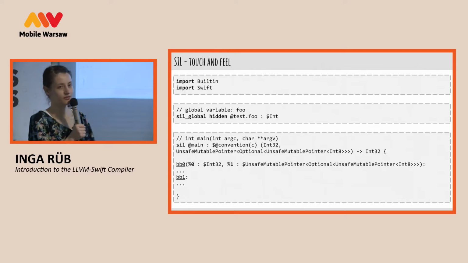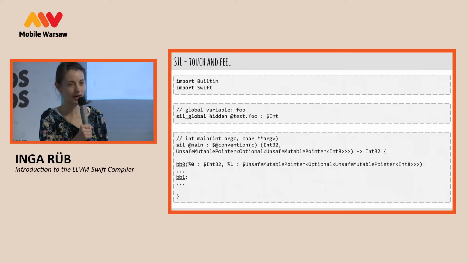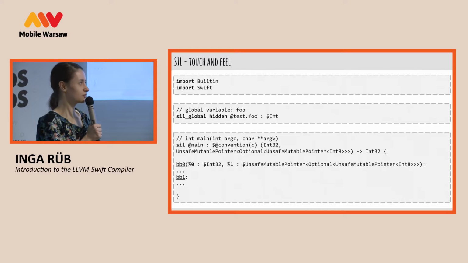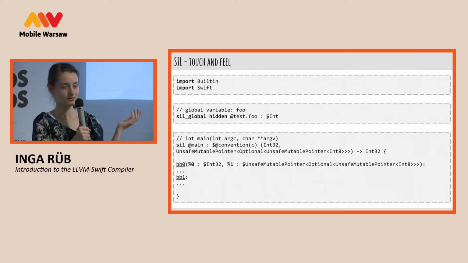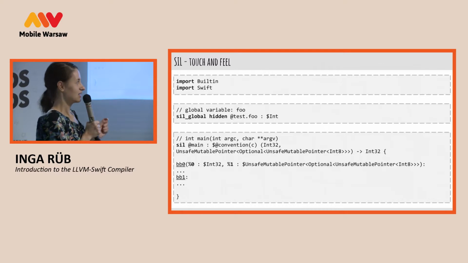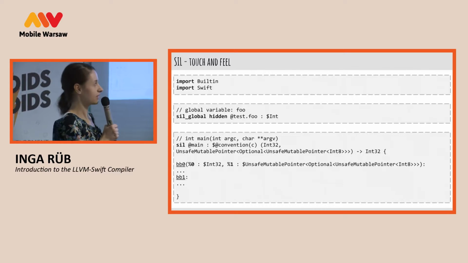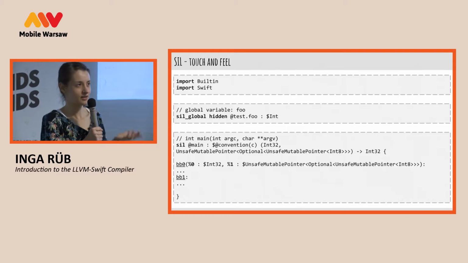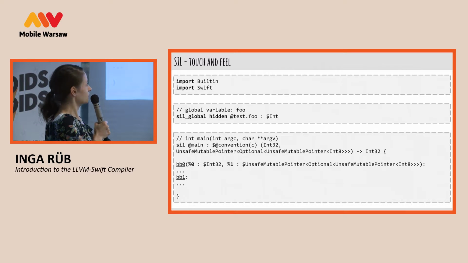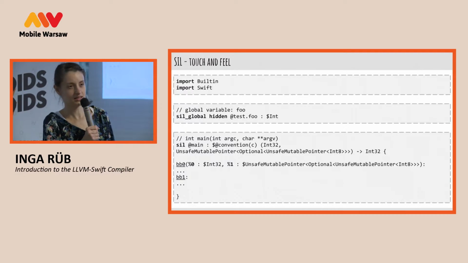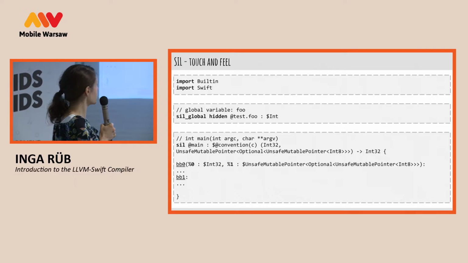Of course, the file that is generated by the compiler with SIL representation is still too large to be presented on just one slide, so I put some of the most important chunks of this file so that later you can understand what's going on. At the very beginning of the file, we can see that there are some libraries imported.